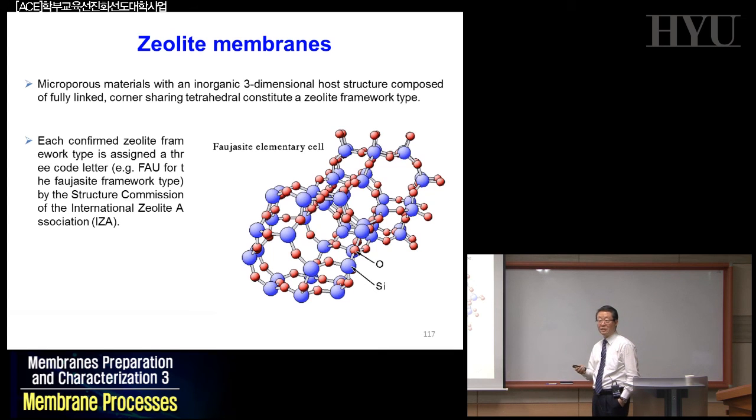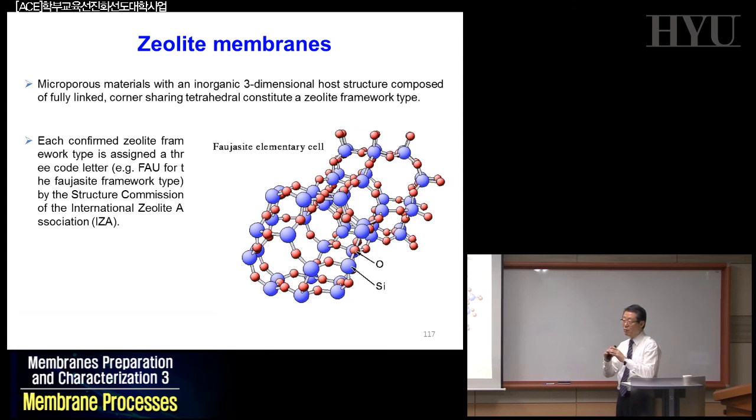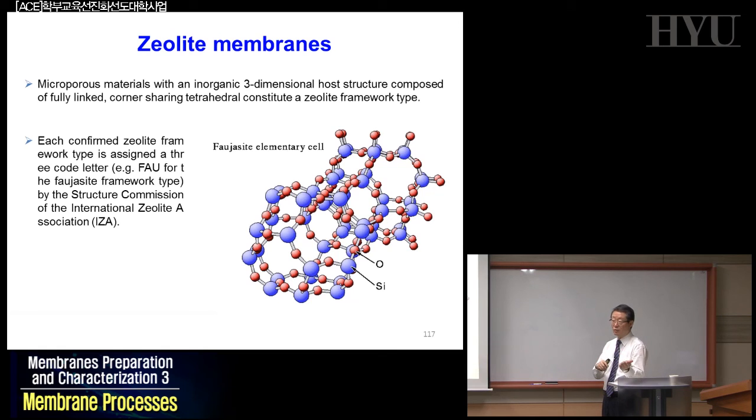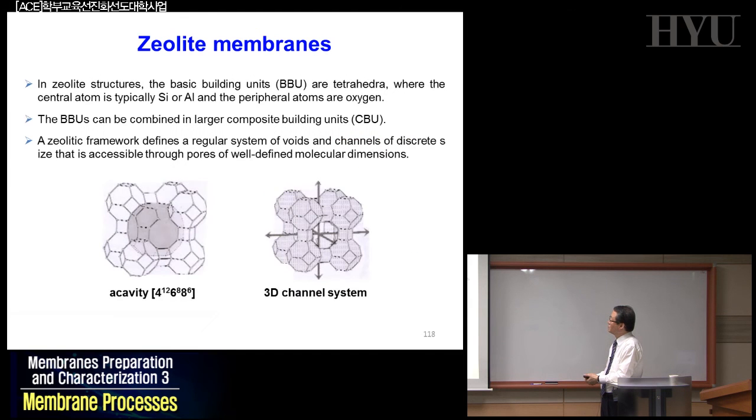It's been used as a catalyst in chemical processes and chemical engineering processes, but a membrane is a little different from powder, as you all know, right? So now a lot of effort has been focused on zeolite membrane formation, MOF membrane formation, and ZIF membrane formation, but there is still a little bit of a long way to go compared to the polymer cases.